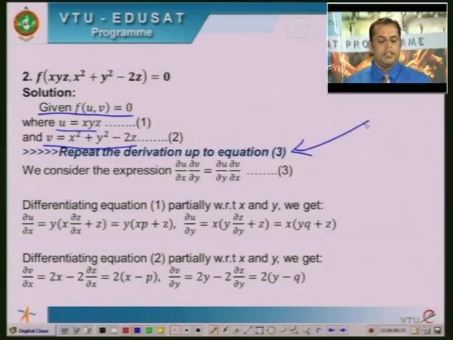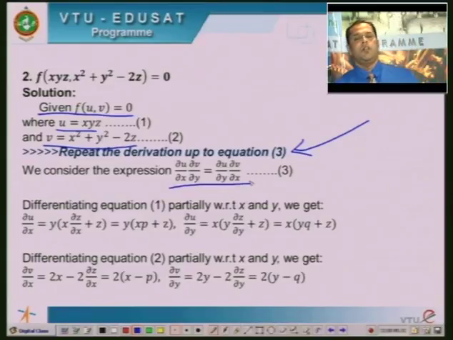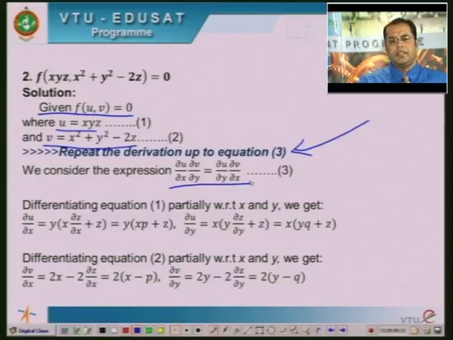Make a note of this, repeat the derivation up to equation 3, which was dou u by dou x into dou v by dou y equal to dou u by dou y into dou v by dou x.